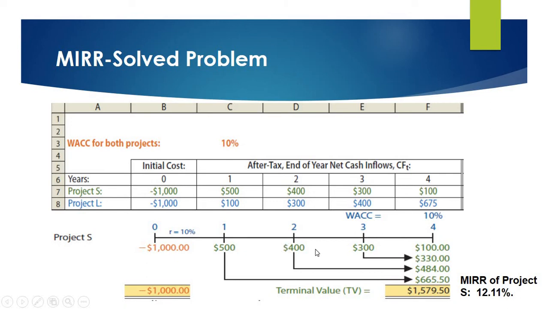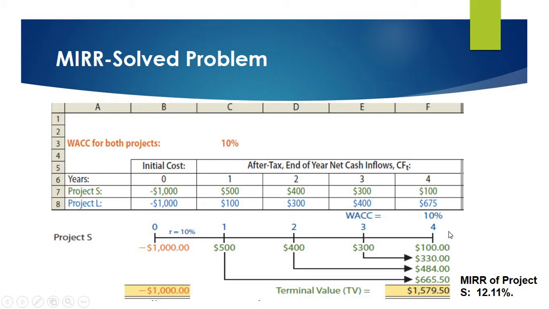Similarly, the future value of the second year cash flow, which is 400, is 484.00. So 400 into 1.10 to the power 2. Similarly, the future value of $300 is 330, and the final cash flow, which will be generated in year 4, is $100, and its future value is exactly 100.